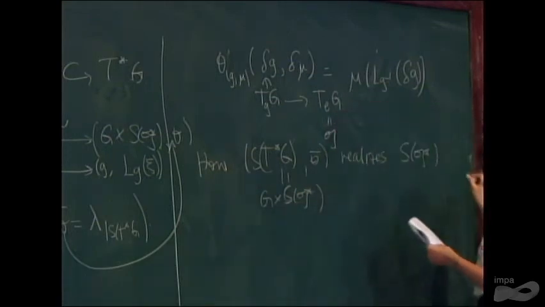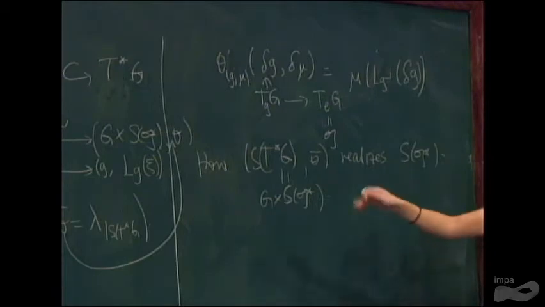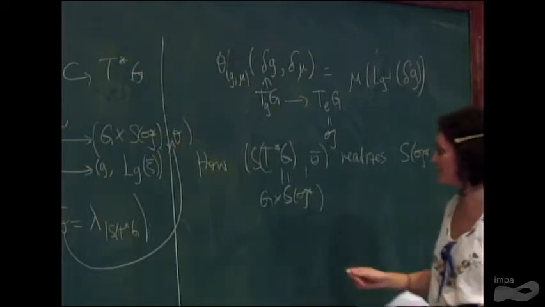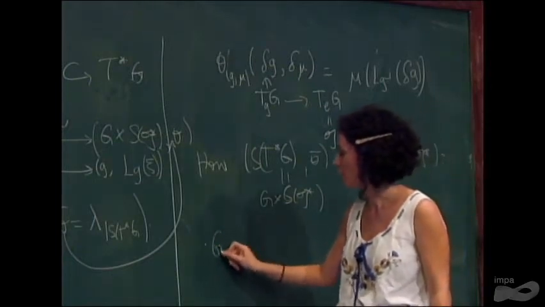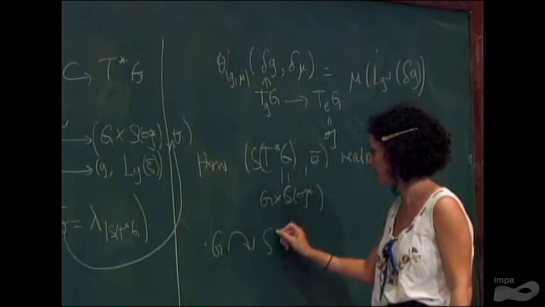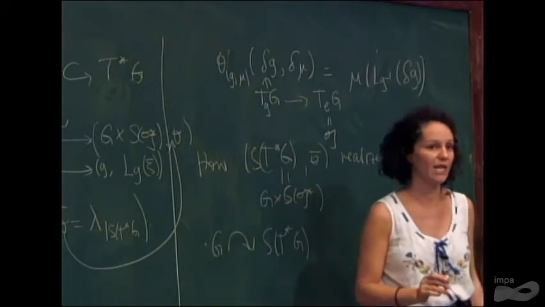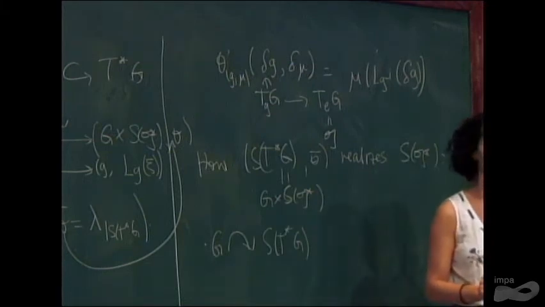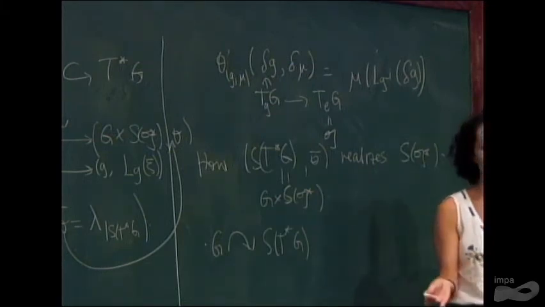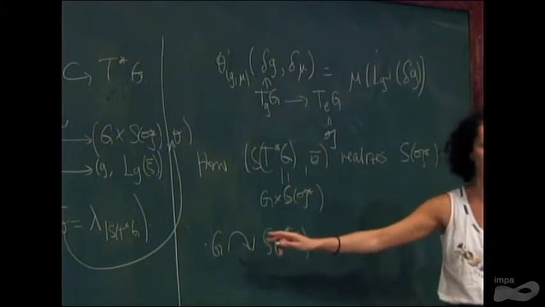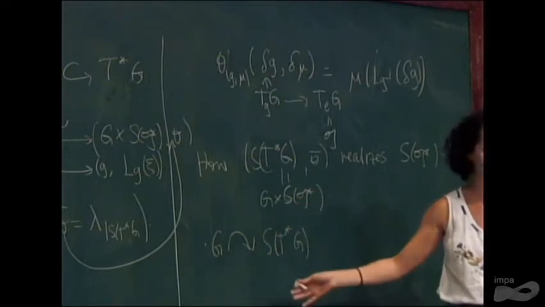And actually, this story that I will tell you follows in more generality. It's a construction that you have. So what happened is that you have an action of G on this sphere, which is just given by left translation. Because my metric is left invariant, this action is well defined.